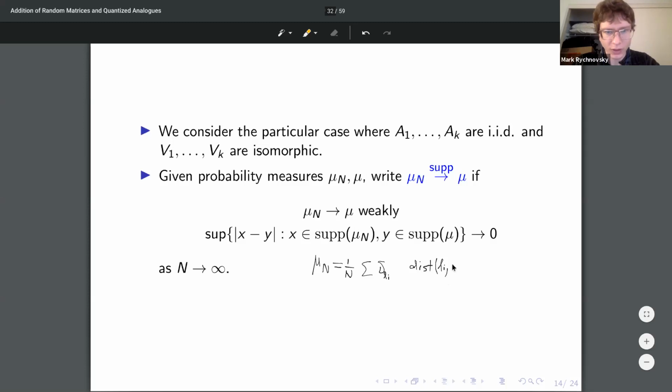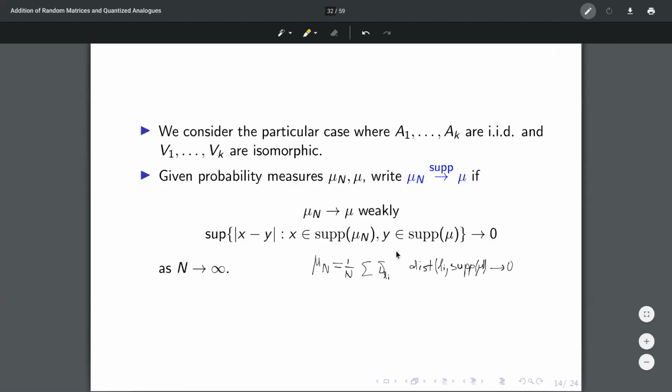You're saying distance from Li to the support of mu? Exactly. And you just want that to go to 0. Yeah, so this is definitely wrong. I think trying to write this a little too abstractly was not worth it and wrong. So basically the sup should be over these particles Li, and this should be tending to 0.